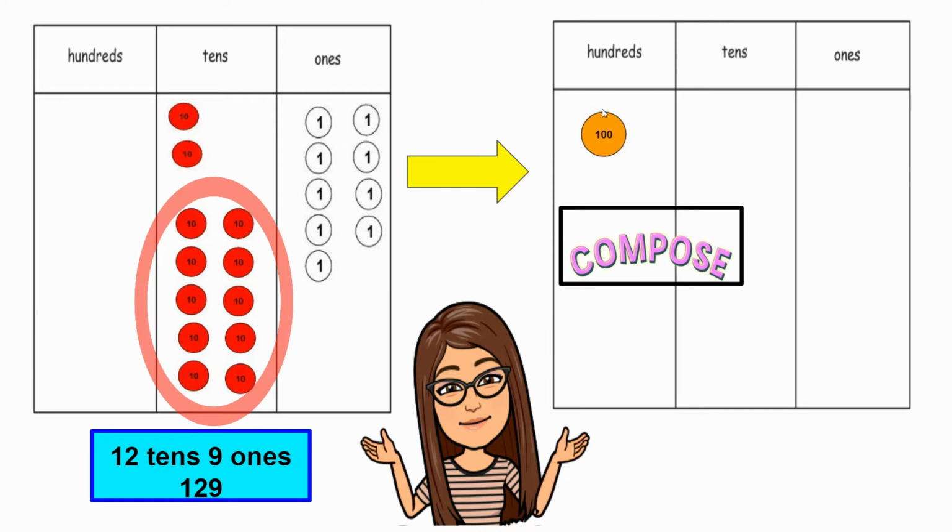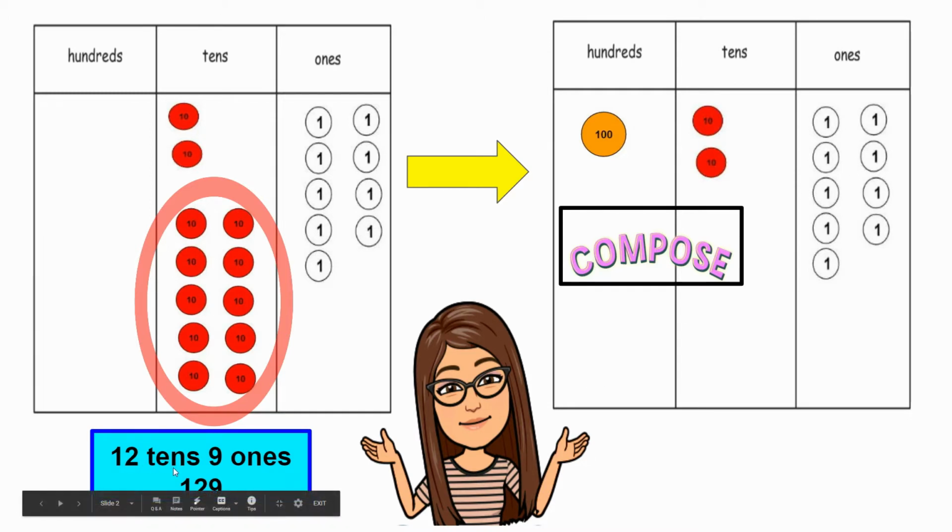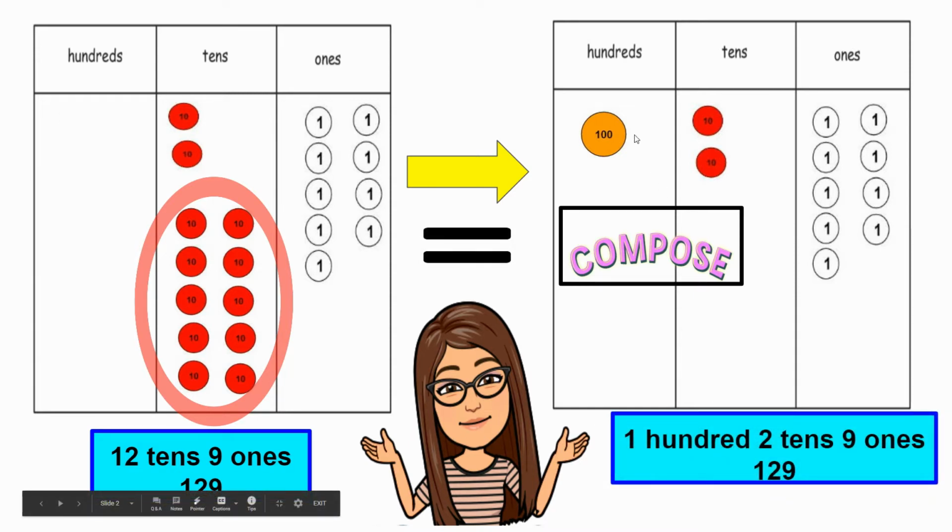Then I would have 100, 2 tens, and 9 ones. So we would say that 12 tens and 9 ones is equal to 100, 2 tens, and 9 ones, or 129.